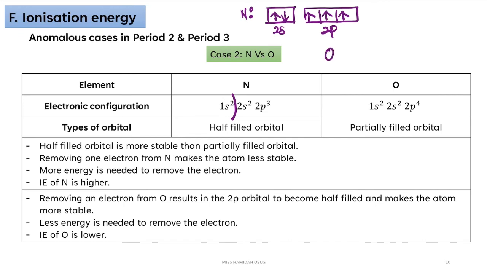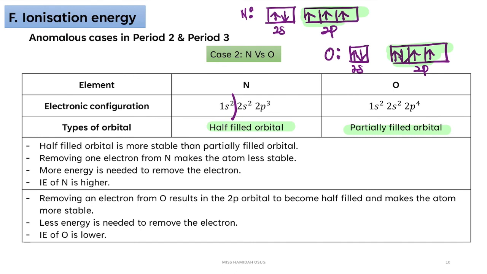While for oxygen, the valence shell is 2s2 2p4. So when we draw the orbital diagram for oxygen, we can see that oxygen will have a partially filled orbital. And we know that a half-filled orbital actually is more stable than a partially filled orbital.